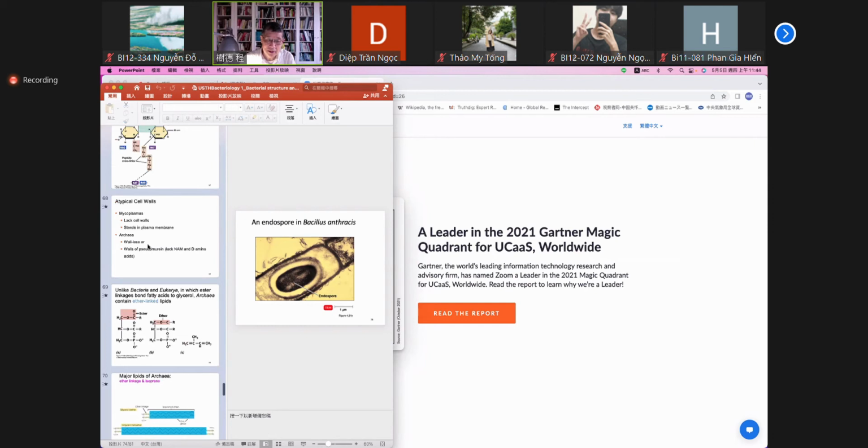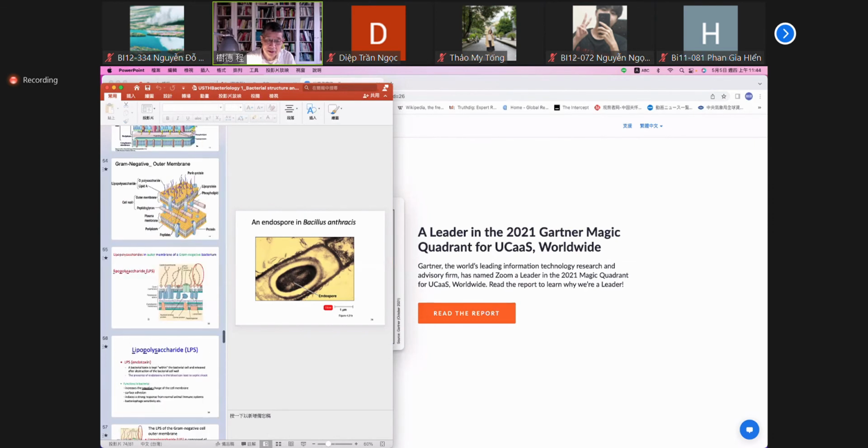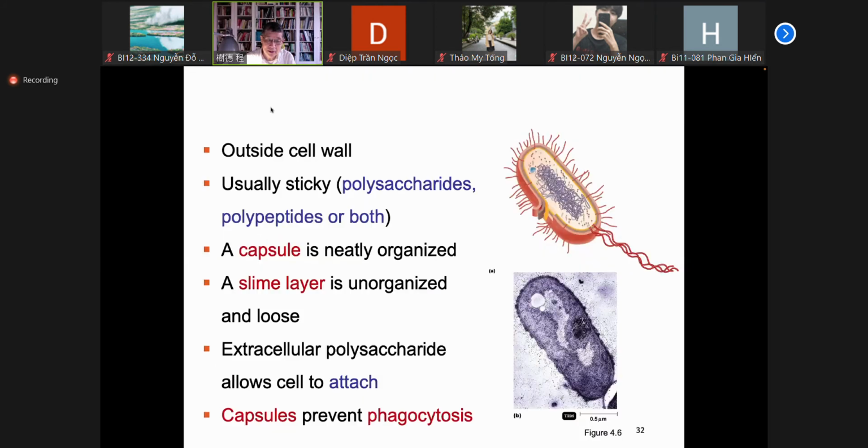And the first is the outside. Outside, generally called glycocalyx, is a general name for the outside structures. It's sometimes called a capsule, a tight structure. Tight structure means that if you use water, you cannot wash this structure away. If it's a slime layer, you can use water to wash it away. This is a loose structure.